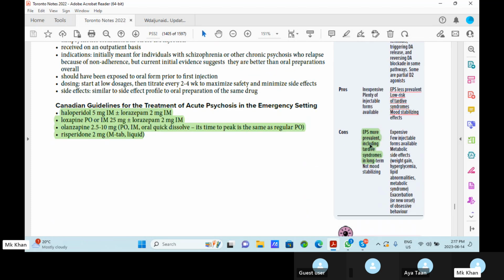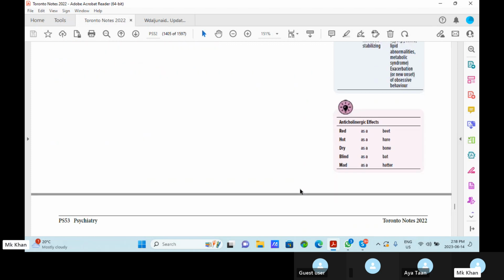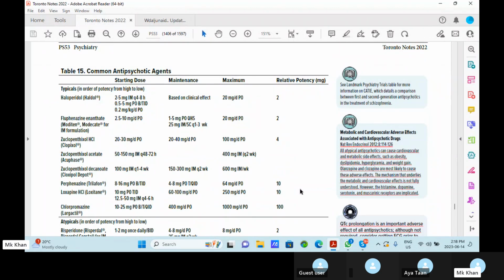And then cons: EPS more prevalent, including tardive dyskinesia syndrome in long term, not mood stabilizing. And this one is expensive. And the main side effects are the metabolic side effects, that are the weight gain, hyperglycemia, and all the metabolic disorders. So basically, that is the antipsychotic.